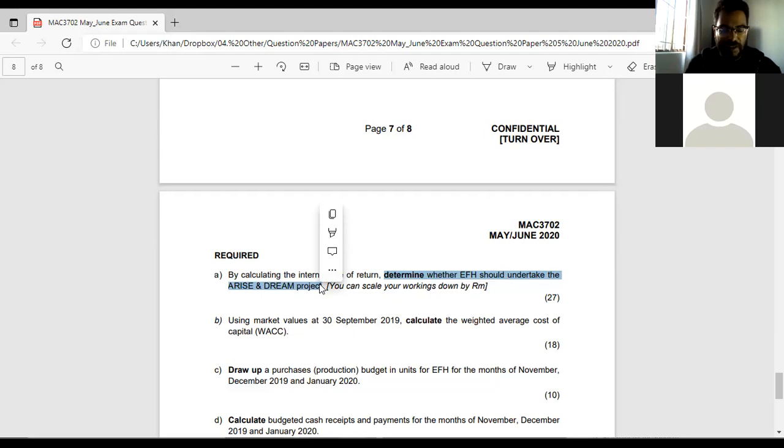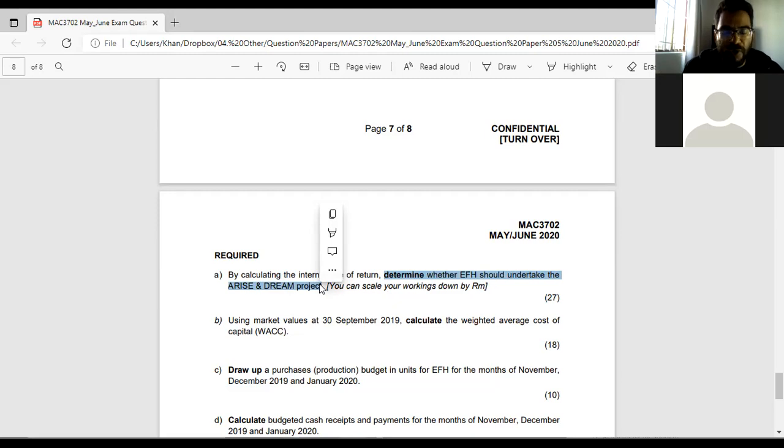So remember, to make a decision, you need some information to help you make the decision. The internal rate of return or the NPV will help you to make that decision. So when you have to make a decision regarding a long-term project or a long-term investment, you fall in the topic of capital budgeting.